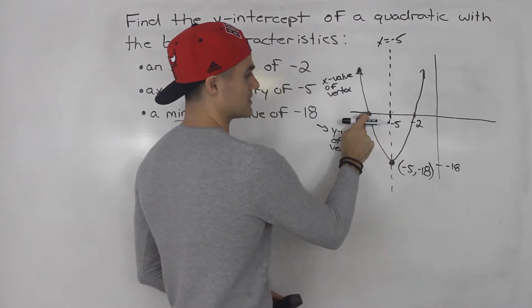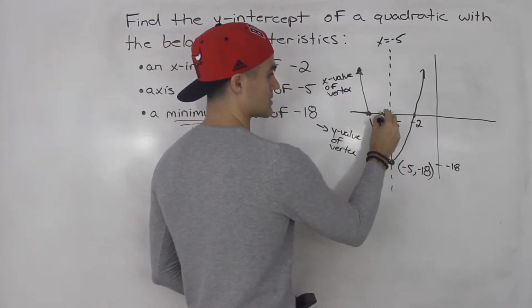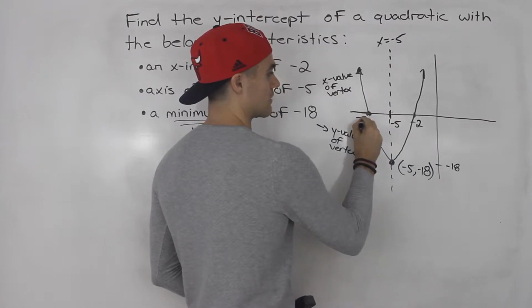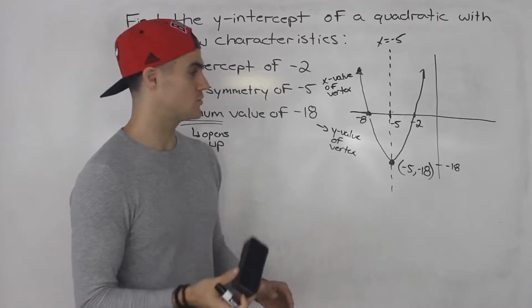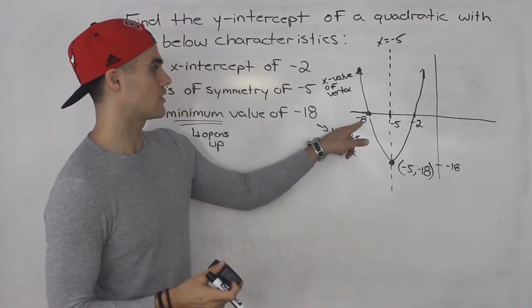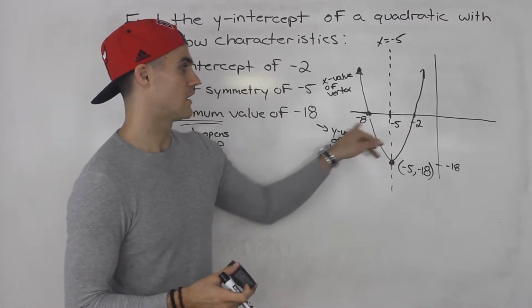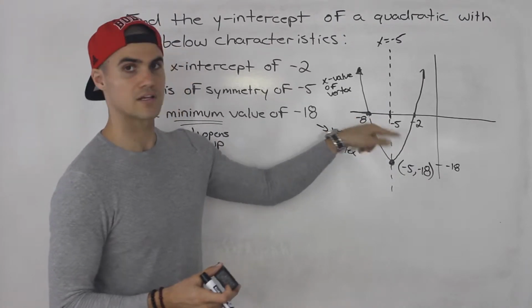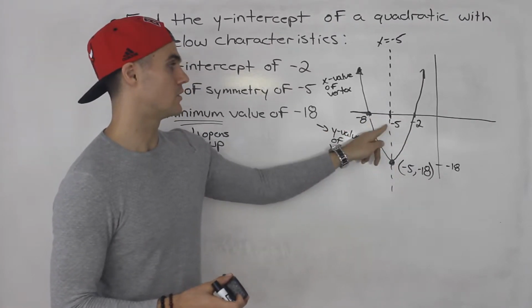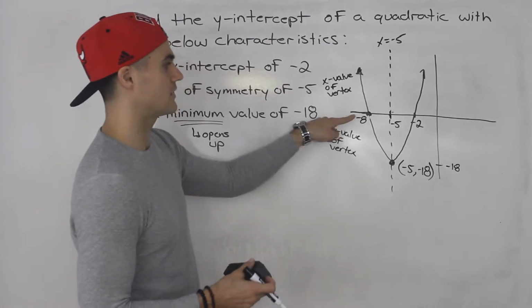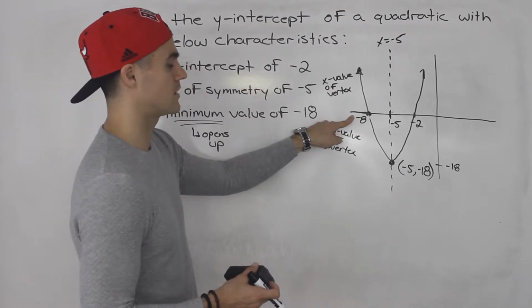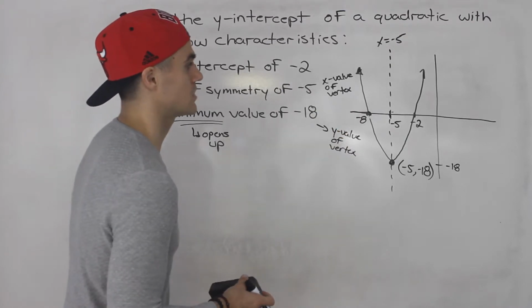So from -5, if we subtract 3, that gives us -8. The two intercepts for this parabola are -8 and -2. When we add those together, -8 plus -2, divided by 2, we get that halfway mark of -5.